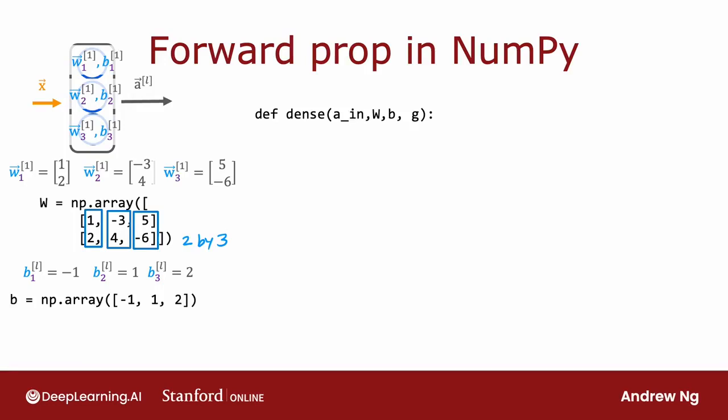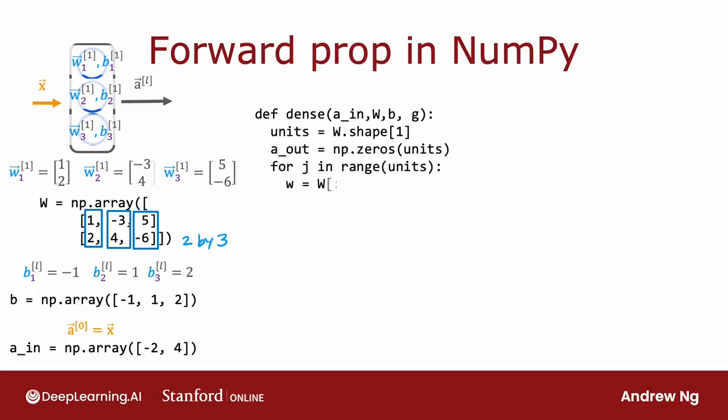So what the dense function will do is take as input the activation from the previous layer, and a here could be a0, which is equal to x, or the activation from a later layer, as well as the W parameters stacked in columns like shown on the right, as well as the b parameters also stacked into a 1D array like shown to the left over there. And what this function will do is input a, the activation from the previous layer, and output the activations from the current layer. So let's step through the code for doing this.